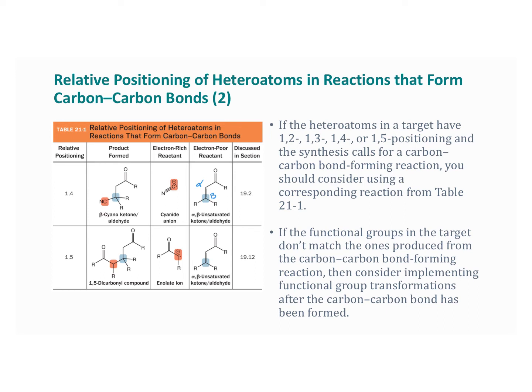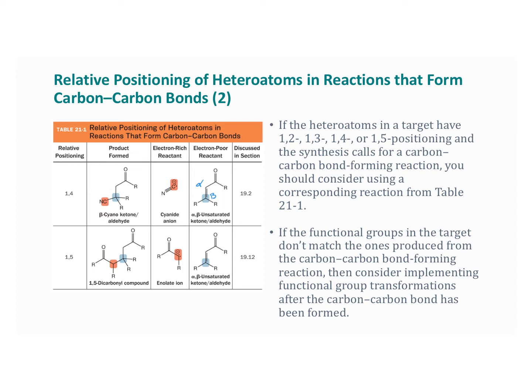Now, I have typed out some stuff here to help us put some words to what I've said. So if the heteroatoms in a target have the 1,2, 1,3, 1,4, or 1,5 positioning, like on this table, the synthesis calls for a carbon-carbon bond forming reaction, and you should consider using the corresponding reactions on this table, okay?